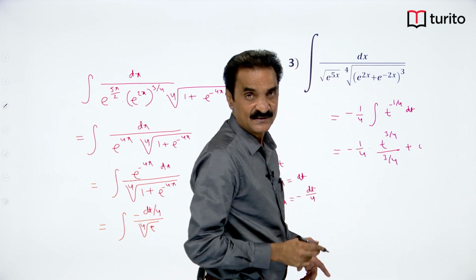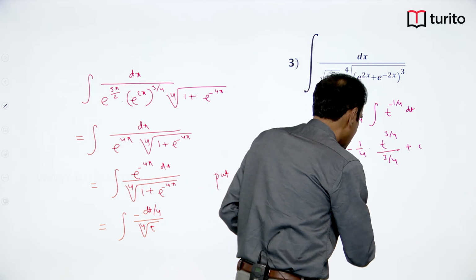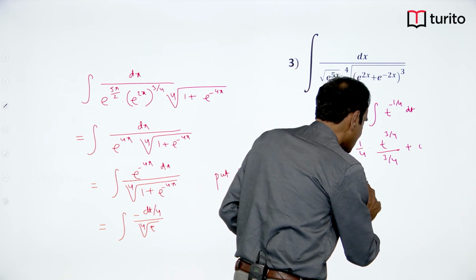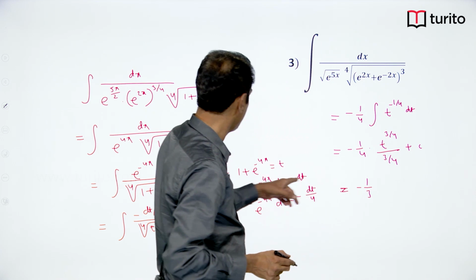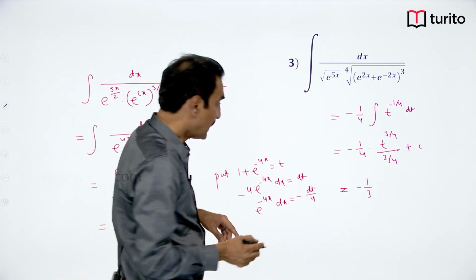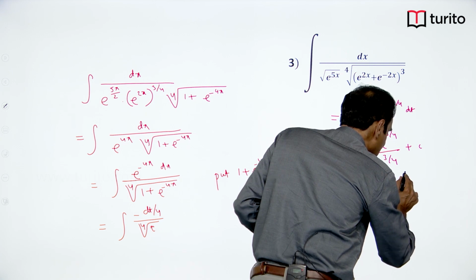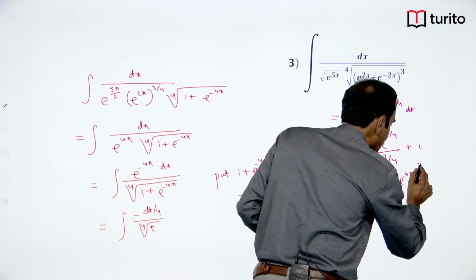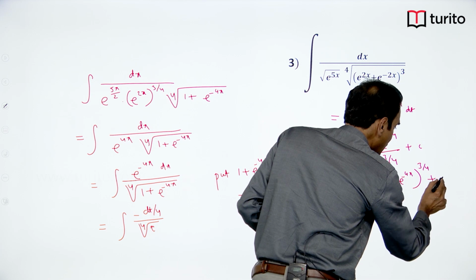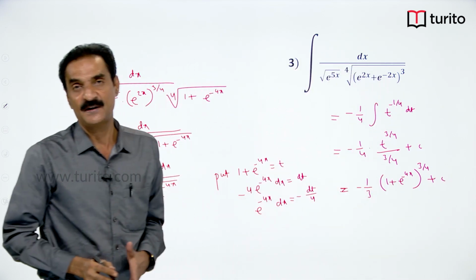Here 4 cancels. Final answer is minus 1 by 3, let us substitute t, into (1 plus e power minus 4x) whole power 3 by 4 plus c. That is the final answer.